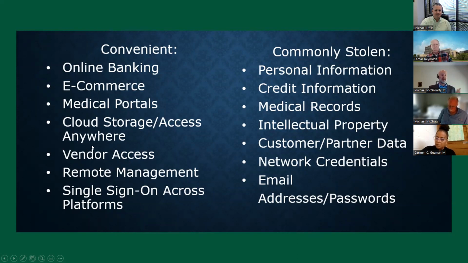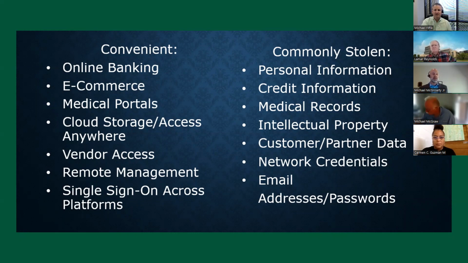We do online banking. We buy stuff online. We do medical portals for doctors' offices, remote management, people working from home, single sign-on platforms. And you've got to weigh the options there, but spending the money to secure that stuff and a mixture of the convenience is what makes a big difference.